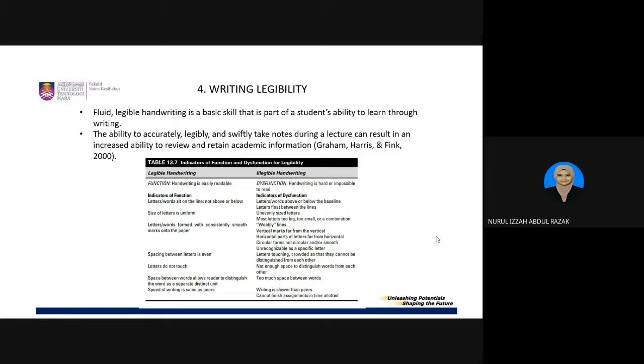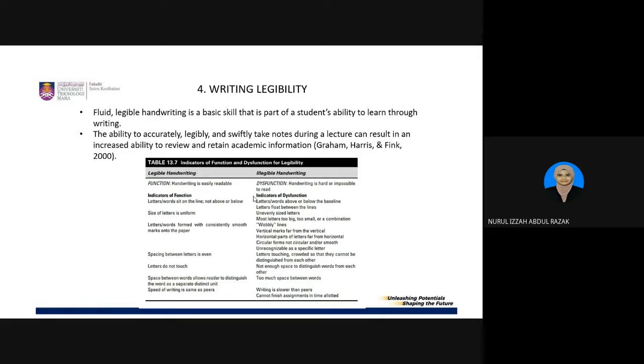Okay, the signs of a kid who has easily readable writing are that the letters will sit on the line, meaning dia tak terlalu atas, tak terlalu bawah daripada lines, then have uniform size letters.